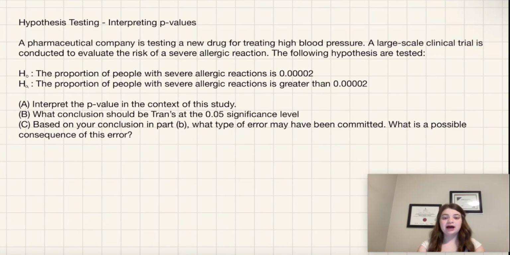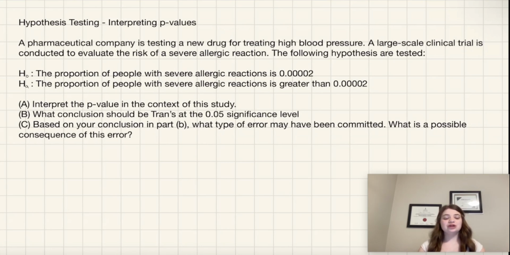Whereas, let's say we get a high p-value, right? That tells us that there is a larger probability that we could end up with the results that we ended up with, given that the null hypothesis is true, in which case we will fail to reject the null hypothesis. That doesn't mean we're going to accept the null hypothesis as true.